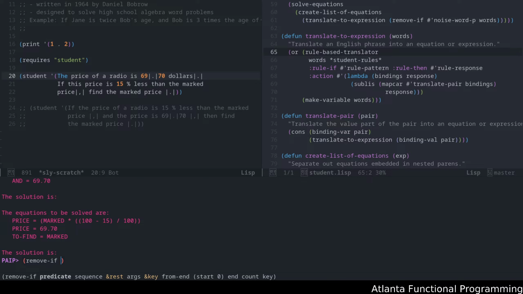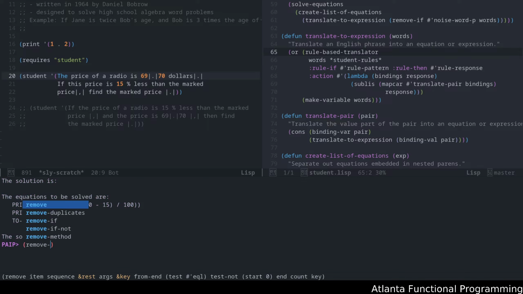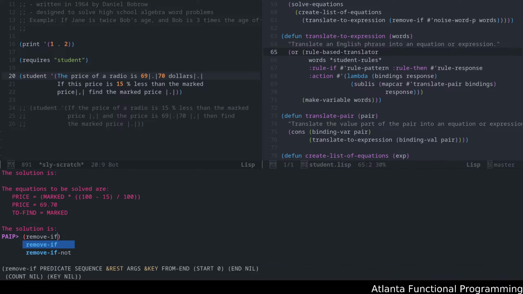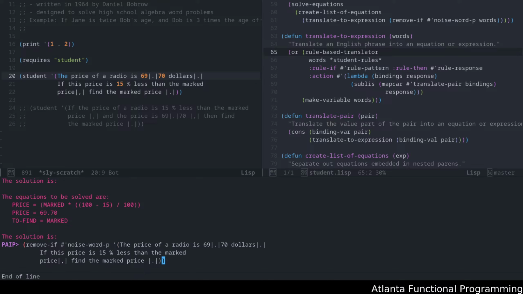So let's start here with our noise words. What are noise words, I guess I should say. Noise words, for folks who aren't familiar with the concept, are basically stop words. They are words in such common use that semantically they're meaningless.